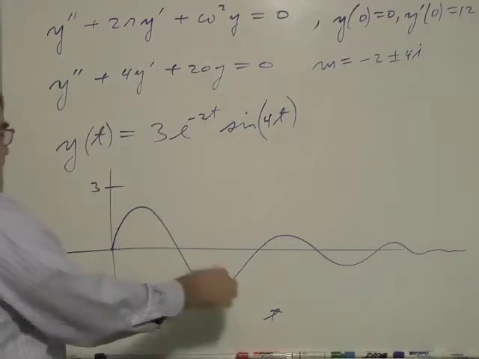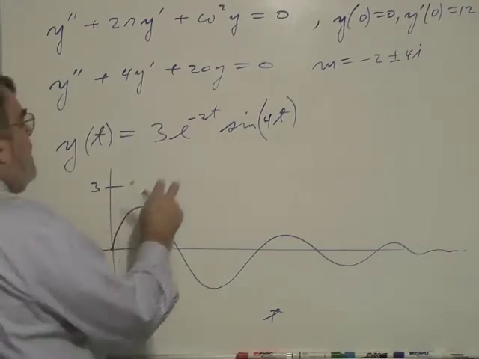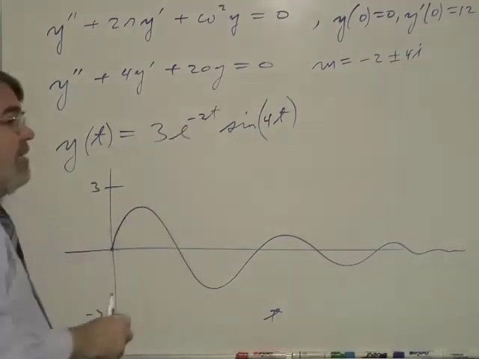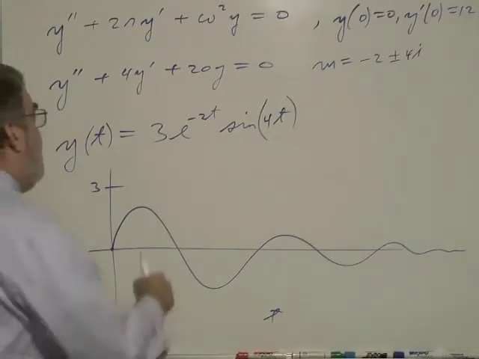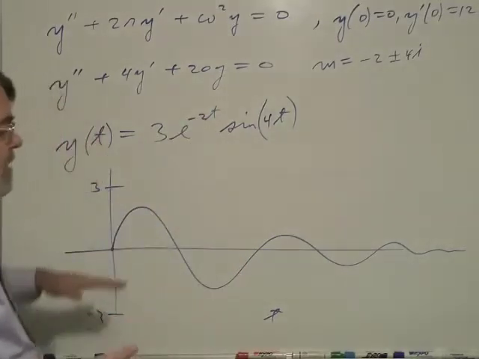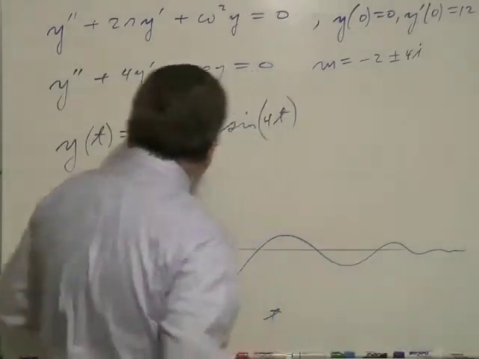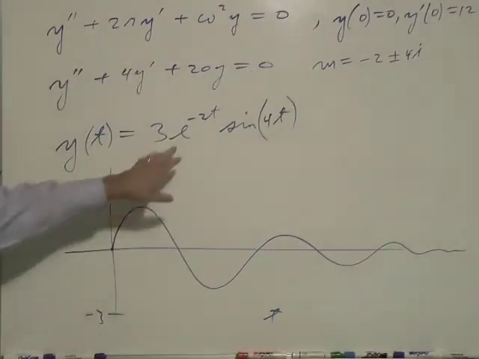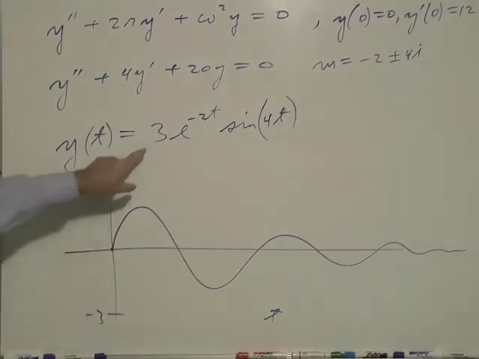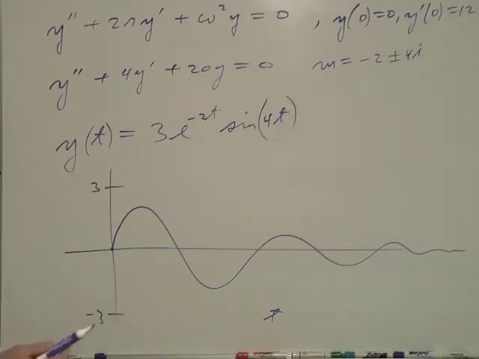So it goes up, comes down. It's not going to hit quite 3 because of the damping factor here, e to the -2t. This is what's shrinking this oscillation, the sine wave, down as we go to the right. And it's this factor right here. So it doesn't quite hit an amplitude of 3. I'm not sure quite how high it gets, but that could be figured out if we really wanted to know.